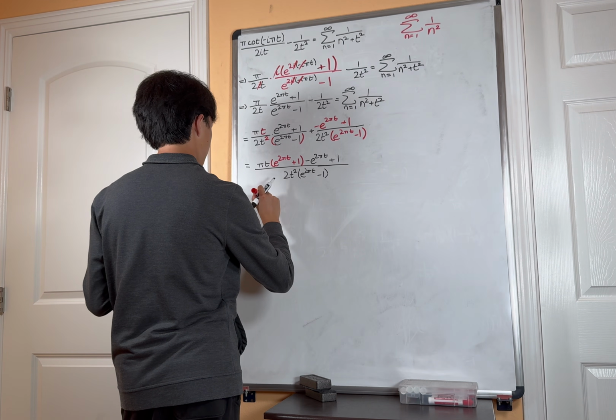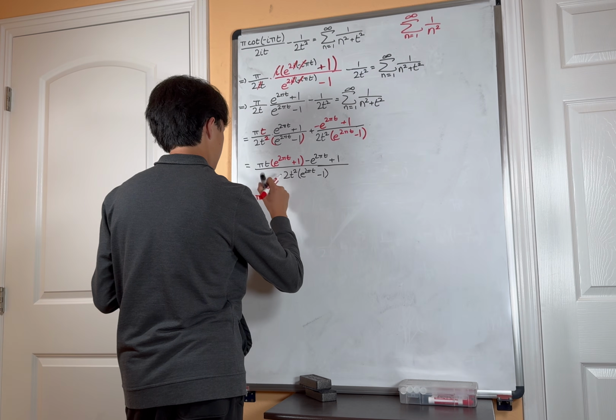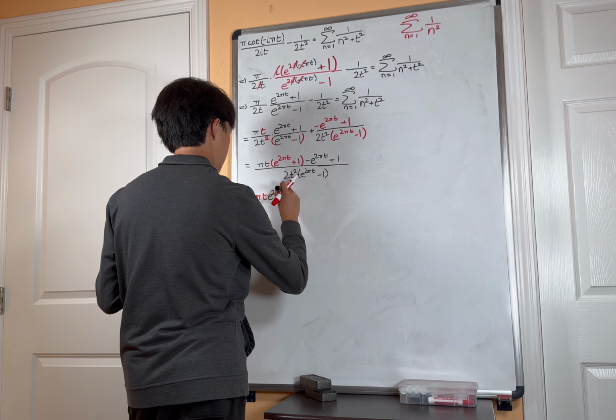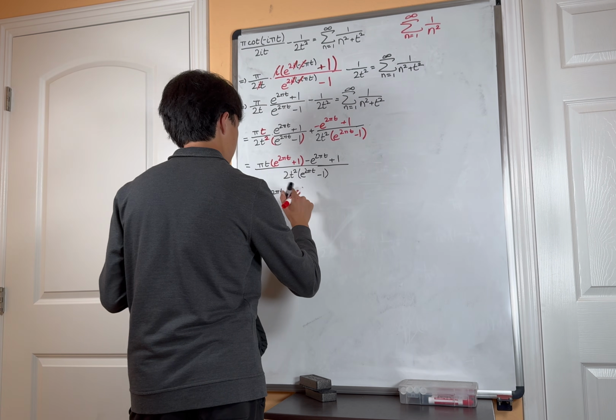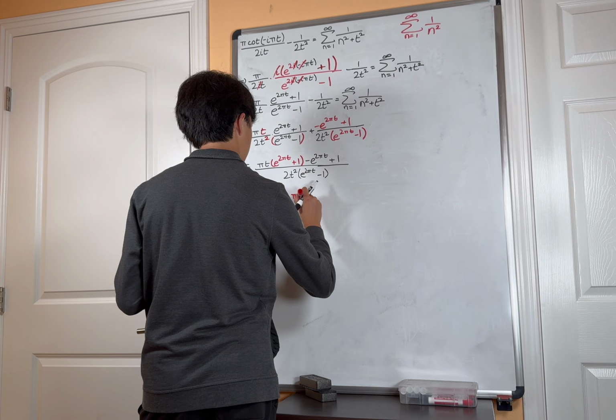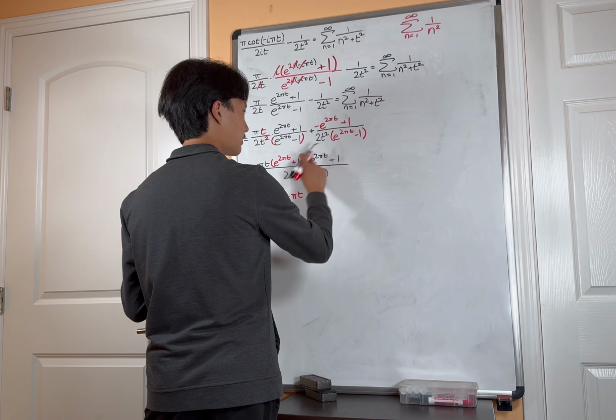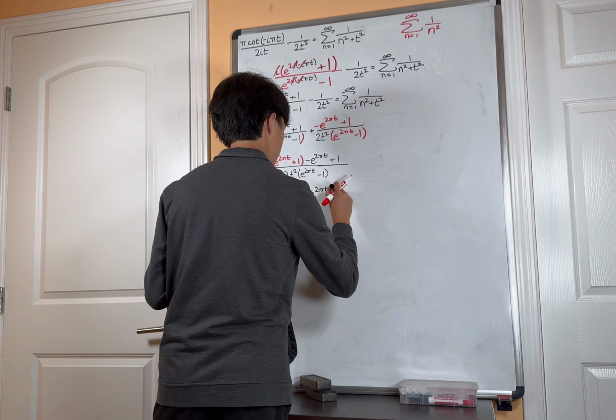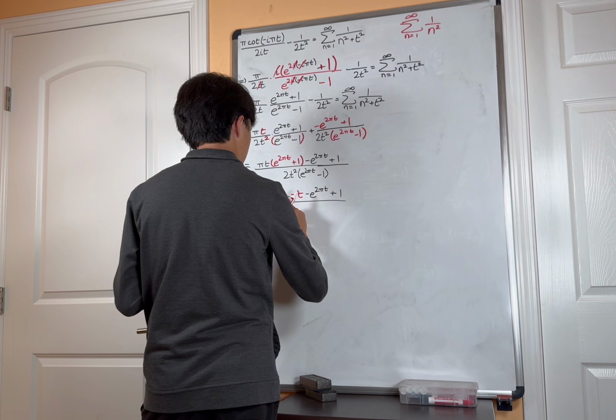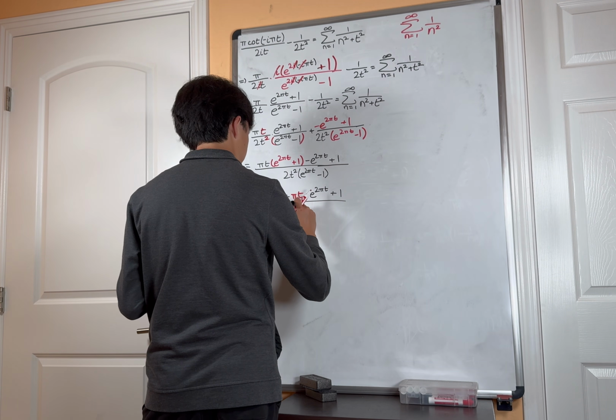So here we have pi t e to the 2 pi t plus pi t. And then right here, everything's the same. In the bottom, it's still going to stay more or less the same, right?